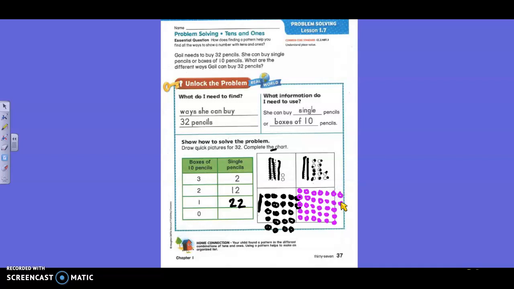And how many was that we drew? 32. Okay, so that's all the ways to make 32. All the ways she could buy 32 pencils.